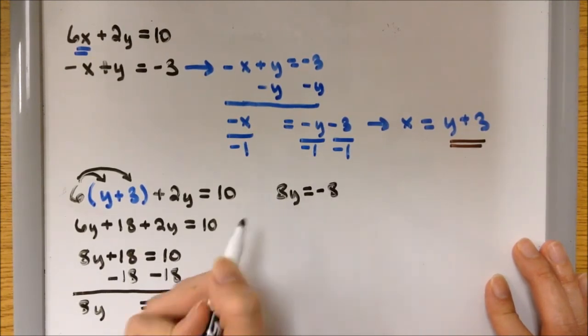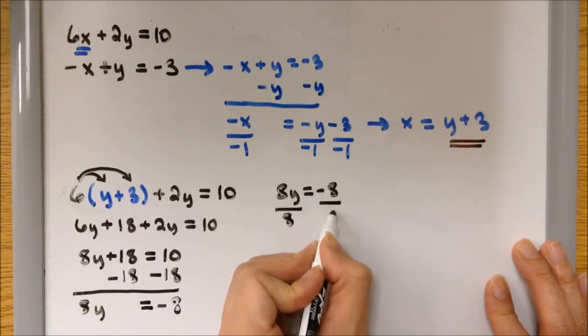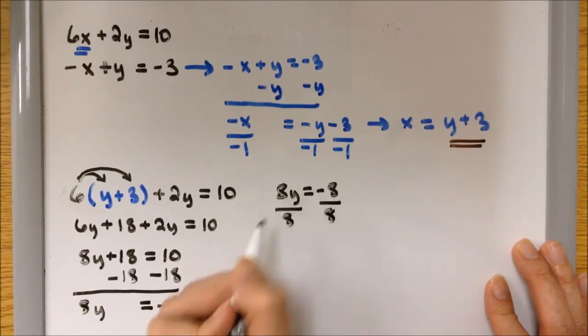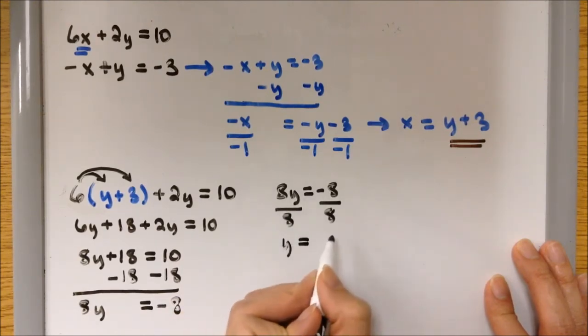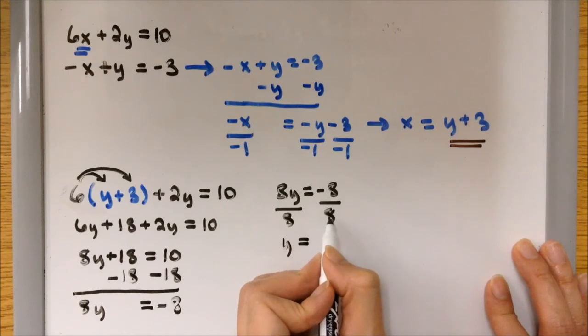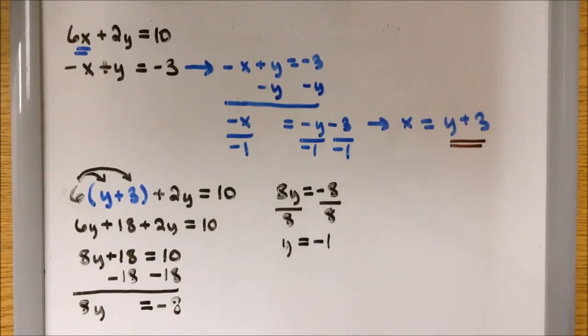If I want to solve for y, I'm just going to divide by the number in front of it, which is 8. So 8y divided by 8 will be simply y, equal negative 8 divided by 8 will be negative 1. Alright, so y equals negative 1.